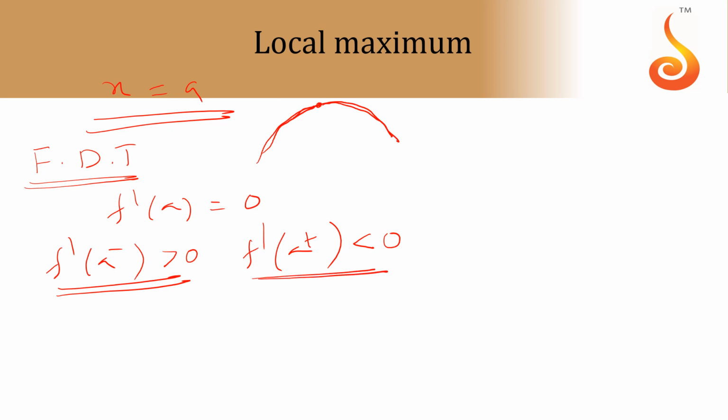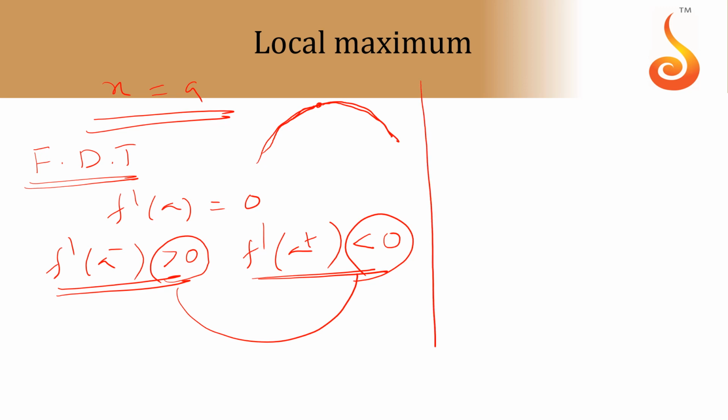So f dash x is changing from positive to negative through 0. The function is increasing, then it decreases, so the change is happening at a point. That point is called local maxima. That is called the first derivative test.